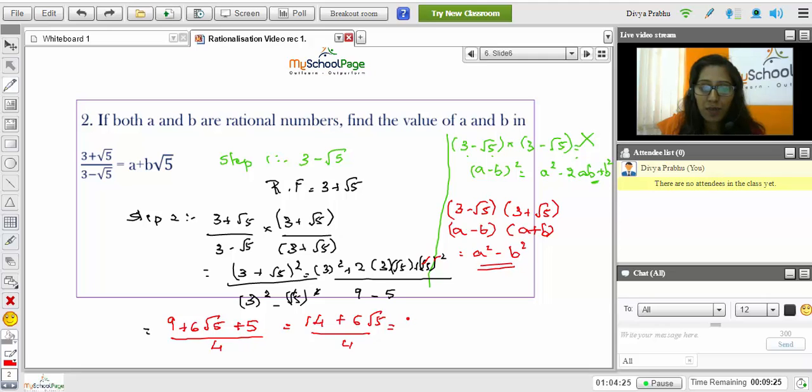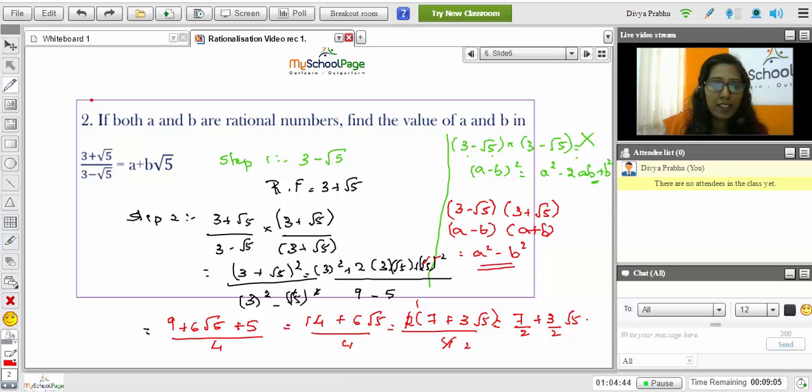What's common in the numerator? 2. 7 plus 3 root 5 is inside, divided by 4. 2 1s and 2 2s. So I have 7 by 2 plus 3 by 2 root 5.